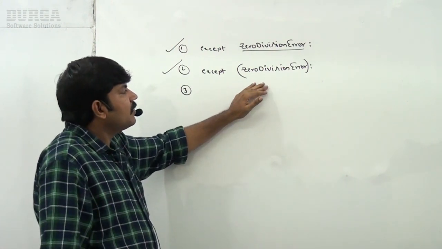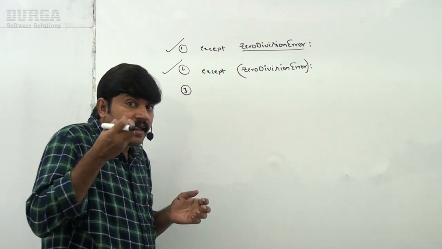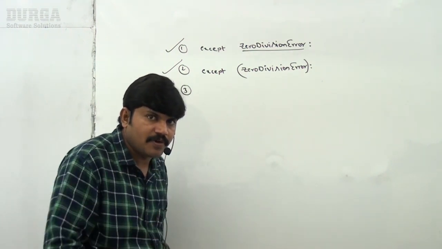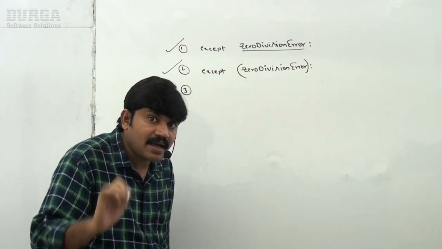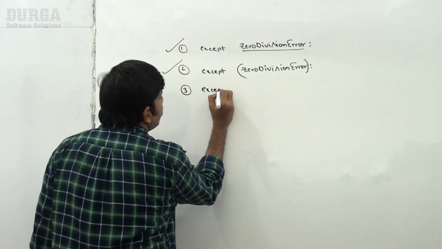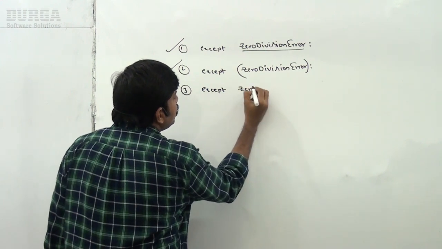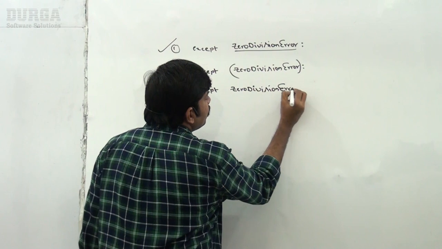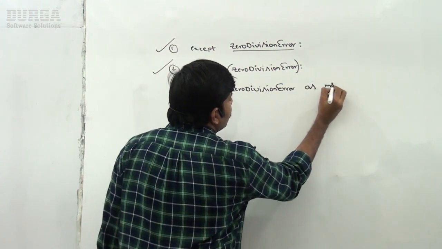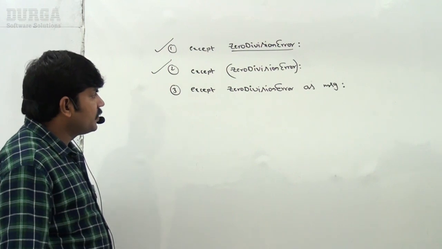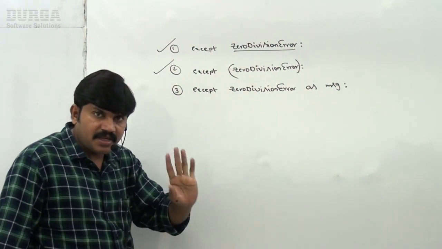Next, I want to access exception information. I want to print exception information. Then we require to use the as keyword. Now: except ZeroDivisionError as message, like this I'm taking.